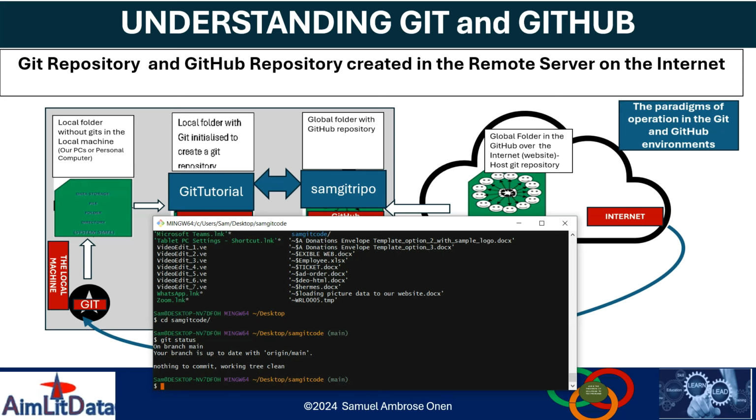My friend, if you notice this origin here, that tells you that it is not within this local computer. The origin is originated from the GitHub. Whereas if you go to the local repository, I just want to verify the difference between this message here, origin main, and what we will see.